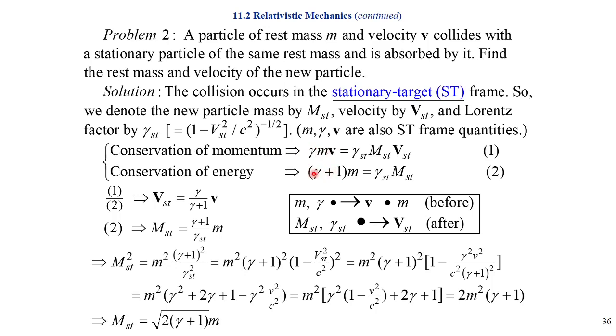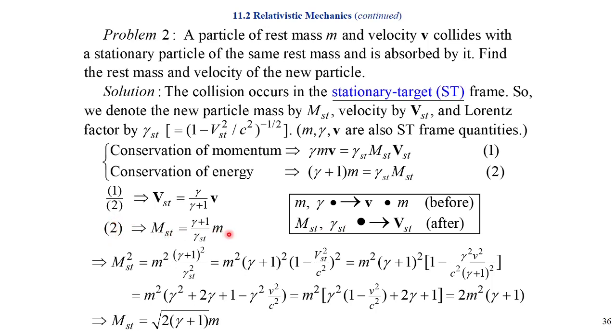Gamma V times (gamma plus 1), divided by gamma plus 1. Now substitute this into here. We get M_st, actually into 1, not into 2.